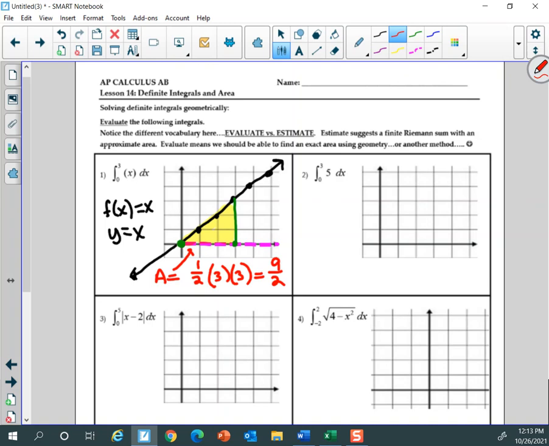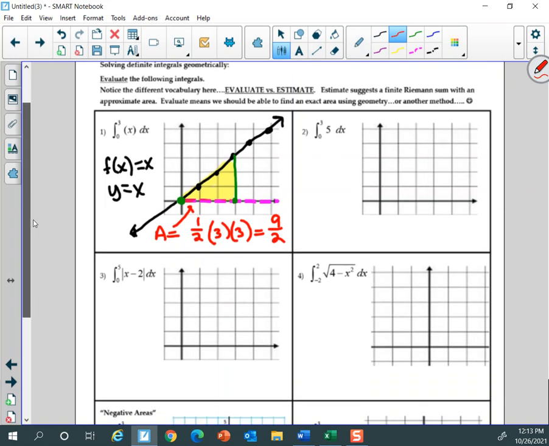Through all of these problems, I am going to use a geometry focus. The first thing I'm going to do is think about that function. So y equals 5. This horizontal line through 5, from x equals 0 to x equals 3, above the x-axis.